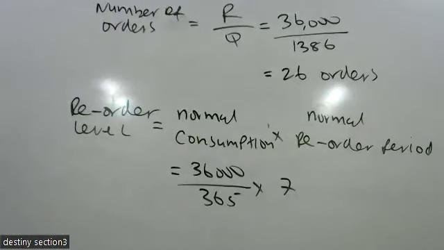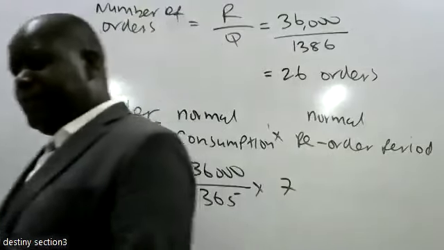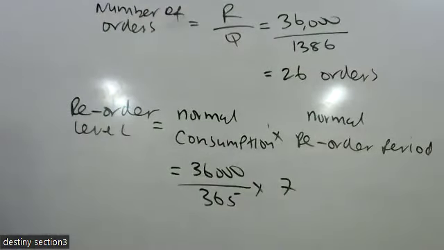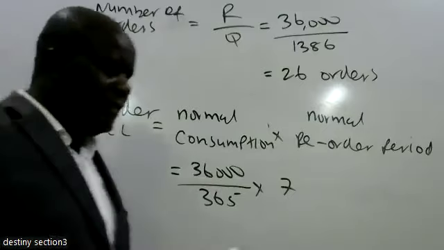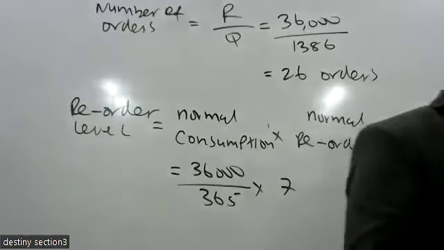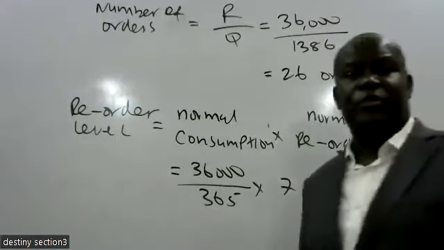So Roman letter 4, they are saying that assuming for any orders of at least 2,000 units, the firm will get a 5% discount on the purchase price. Advise whether the company should take advantage of the discount or not.